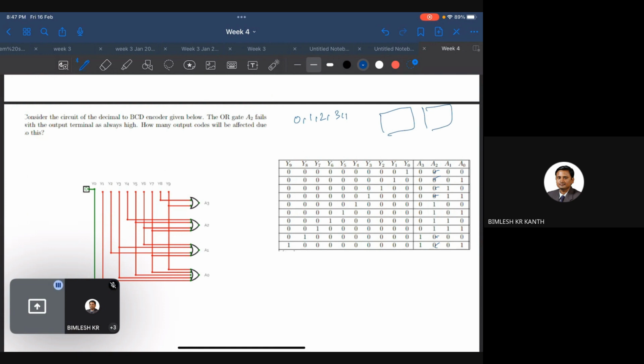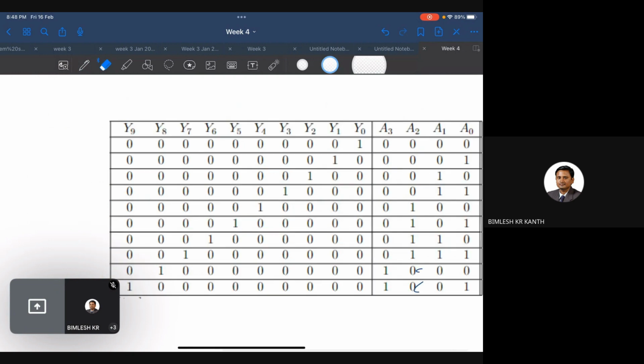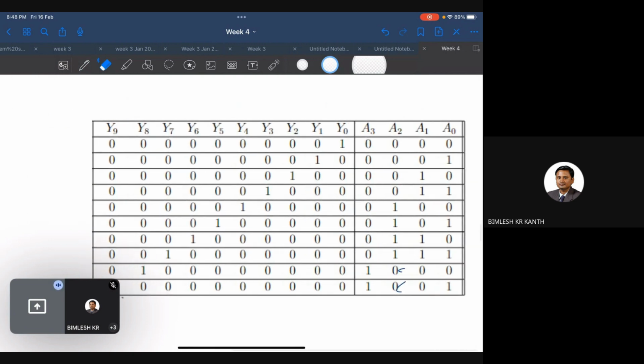If it is 0, then all outputs will be 0. If it is 1, A0 will be 1. If it is 2, Y2, then A1 and A0 will be that. If it is 3, Y3, then A1 and A0 will be 3.